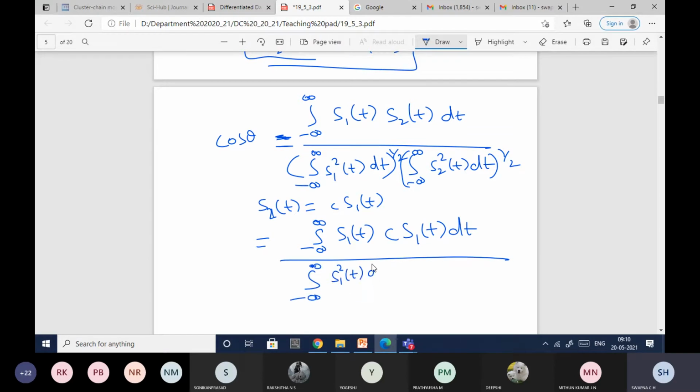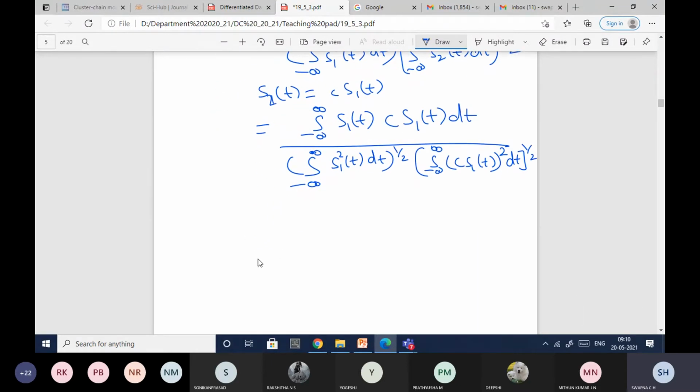divided by the integral from minus infinity to plus infinity of s1 square of t dt, whole power half, into the integral from minus infinity to plus infinity. In place of s2(t), I have to substitute c s1(t), so c s1(t) whole square dt, whole power half. So this will be equal to the integral from minus infinity to plus infinity.